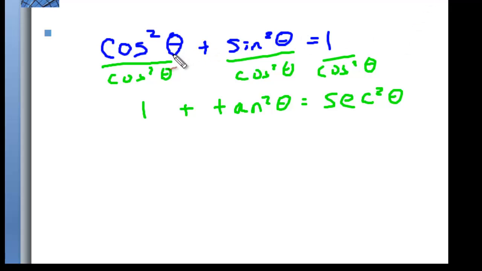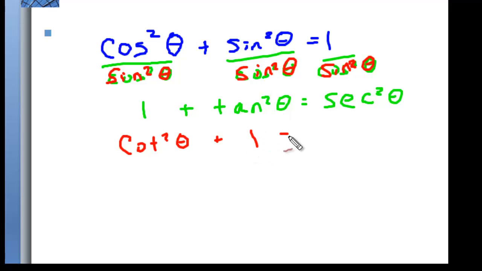And by the same token, if we divide everything by sine squared of theta, cosine over sine is cotangent squared theta, plus sine squared over sine squared is 1, and 1 over sine squared is cosecant squared of theta.